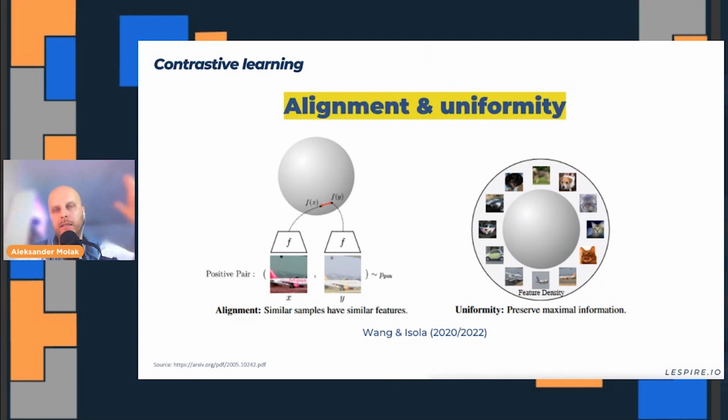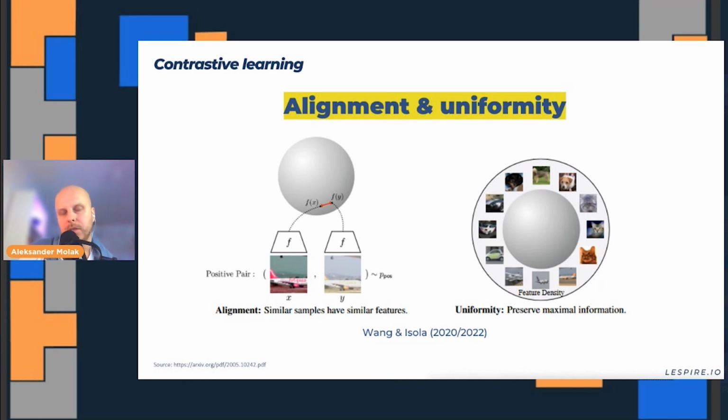This allows us to preserve maximal information, and this also allows us to build decision boundaries that are very simple. So we can basically use hyperplanes in the idealized case. And the second one, or the first one, is alignment, which means that similar objects are mapped to points that are close to each other in the space.